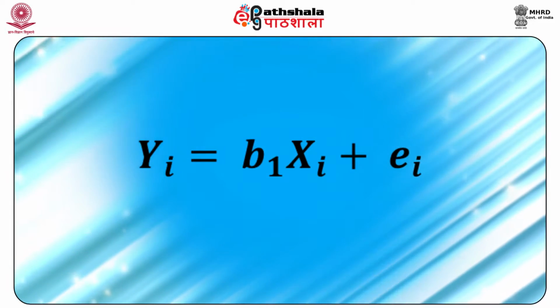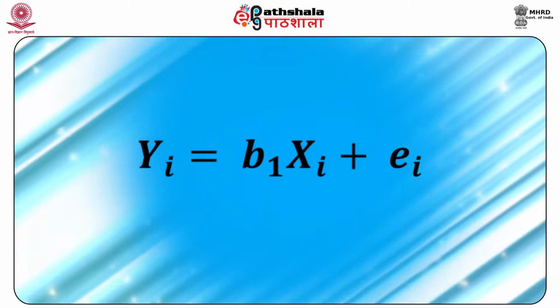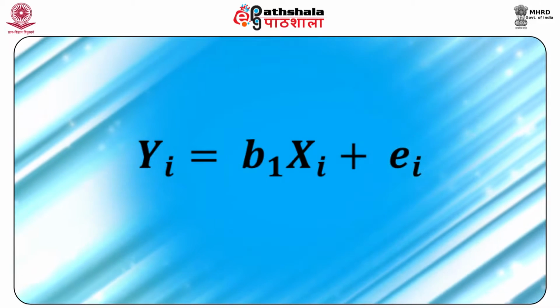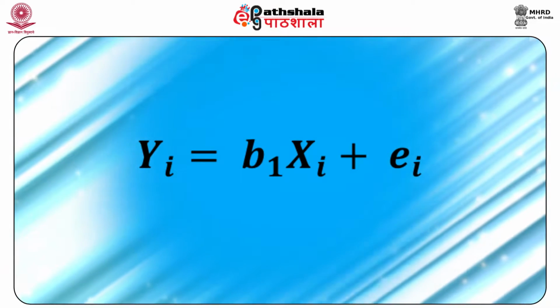The sample counterpart of the above population regression function is the sample regression function, which is denoted as Yi = b1 Xi + ei. We now apply the OLS method to obtain the formula for calculating b1 and its variance.